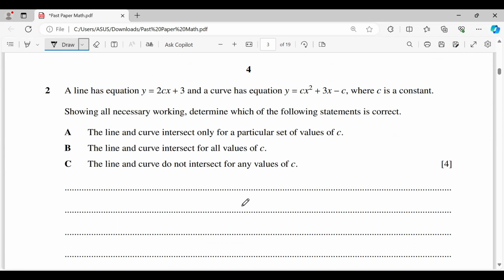Right, we are going to do this one first. y equals y. It means cx squared plus 3x minus c equals 2cx plus 3.